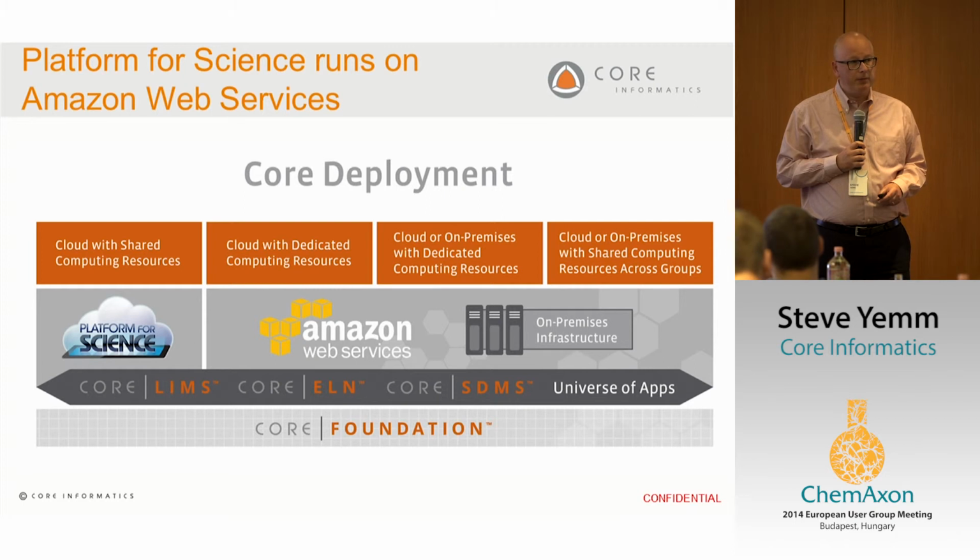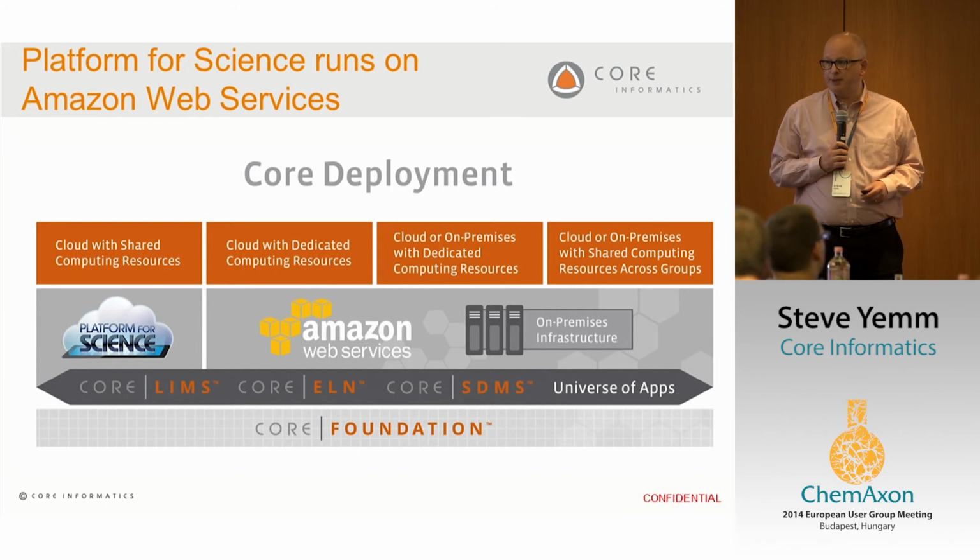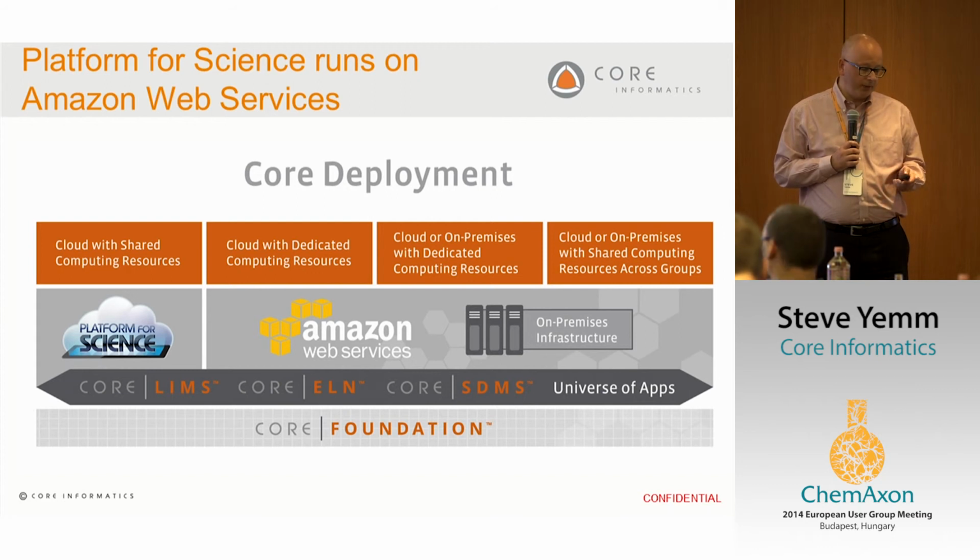But actually, we have a whole series of models. A number of our customers have their own private AWS instances where they're running a number of applications, and they just take our stuff and run it on that private instance of AWS. We have a lot of our smaller customers who are using multi-tenant models equally. But however you want to install this, there's usually an option to do it.